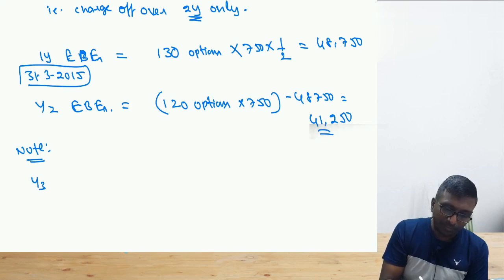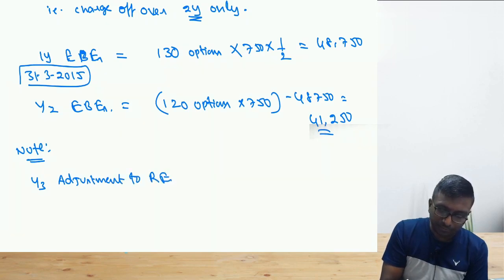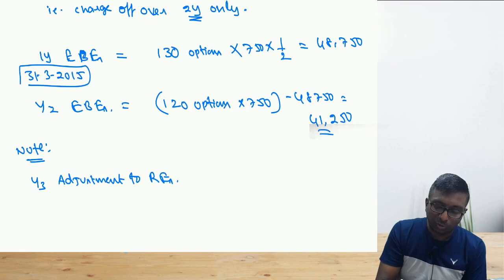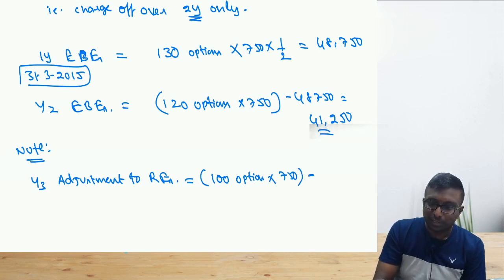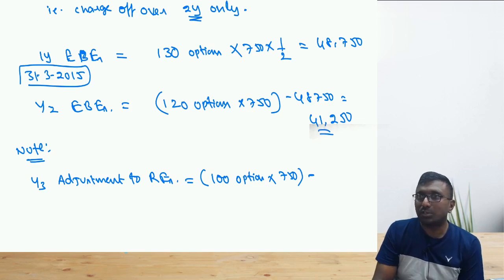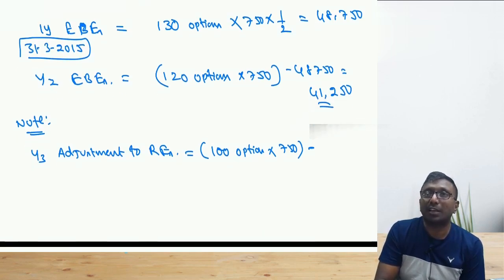Tell me Y3, adjustment to retained earnings. What will you do, my dear? First, how many options have you done? 100 options into 750, minus 120 into 750. How much? Calculate, use a calculator.